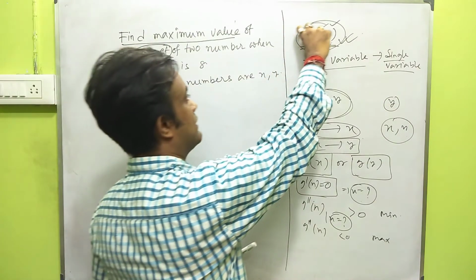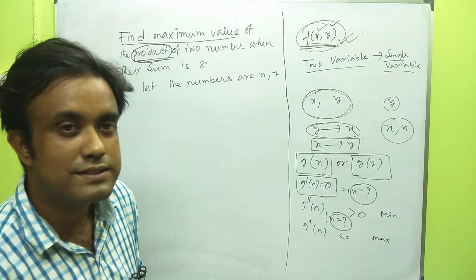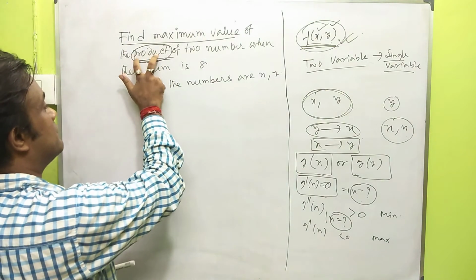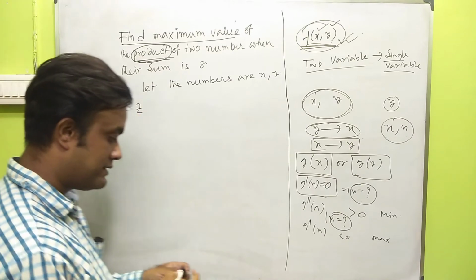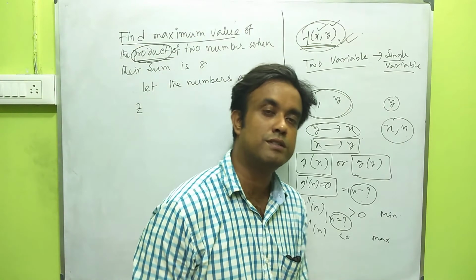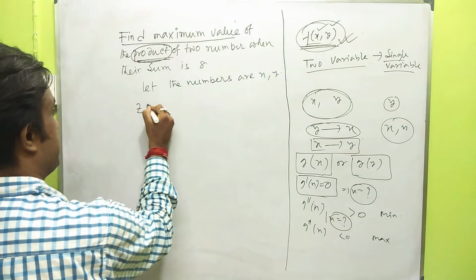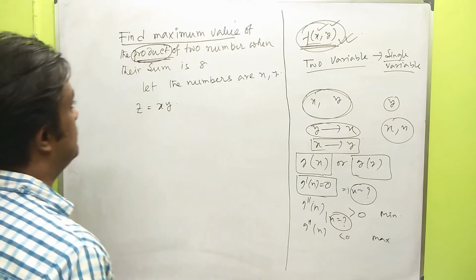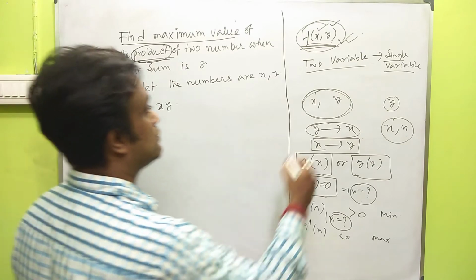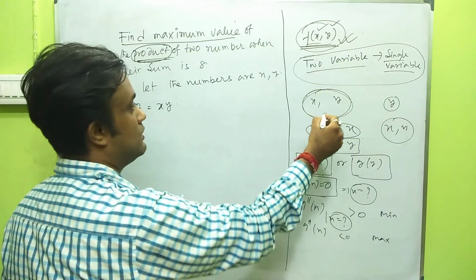So f of x, y, that is a function of x and y. What is the function? This function is defined as the product of two numbers. That is, if we consider the function z, then we write z is equal to xy. Now what is the condition? We have to convert two variables into a single variable.